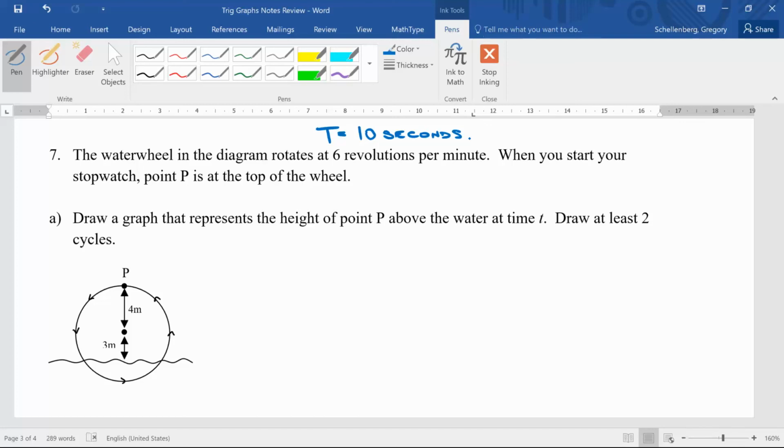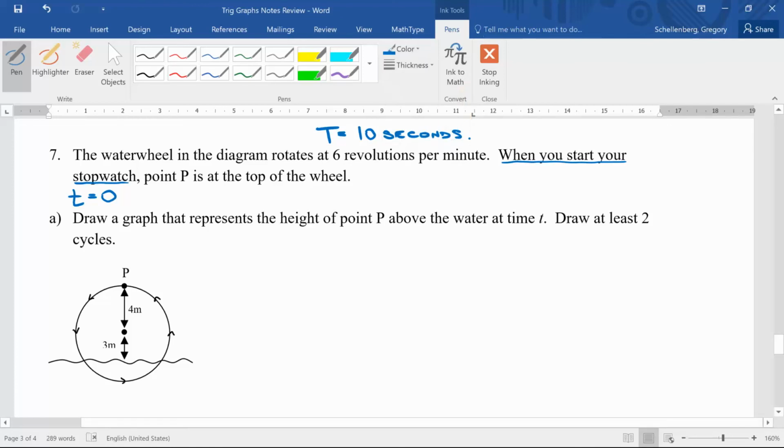Okay, when you start your stopwatch, point P is at the top of the wheel. So this is telling us a couple of things. When you start your stopwatch, that means that time t is equal to 0 seconds, and point P is at the top of the wheel.